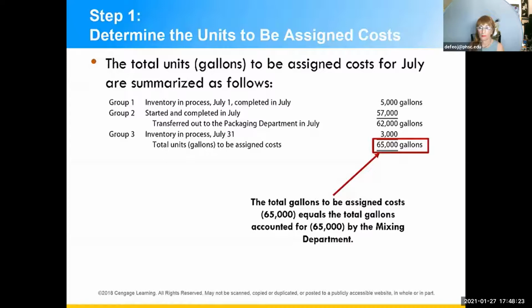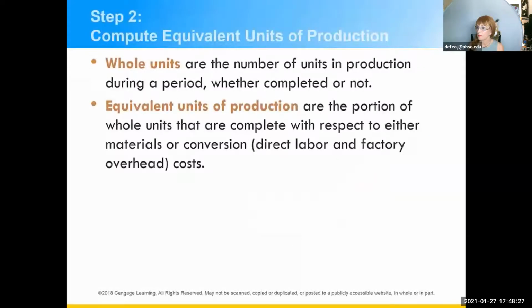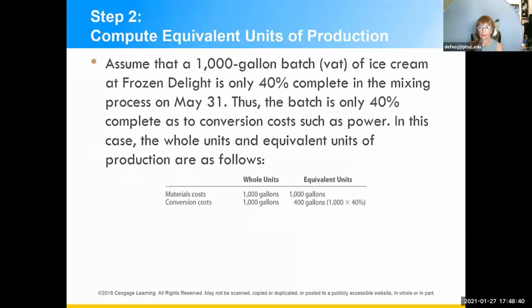department. By definition, work in process represents units that have been started but are not completed at the end of a period. To assign cost, equivalent units must be determined according to the percentage of completion. For example, 1,000 gallons were only 40% complete with regard to conversion costs.